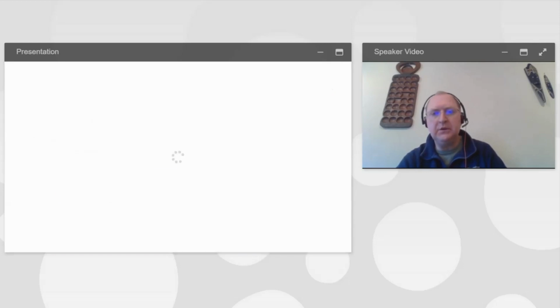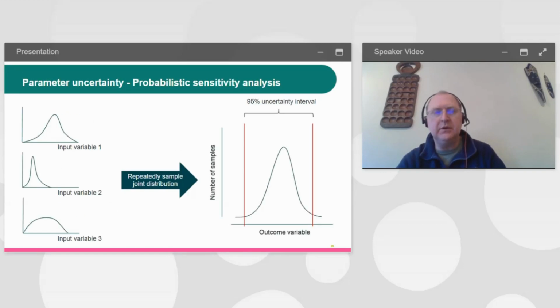But when it comes to infectious disease dynamic models, I just want to highlight one particular area.